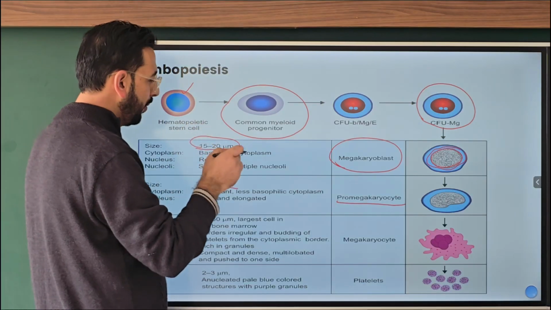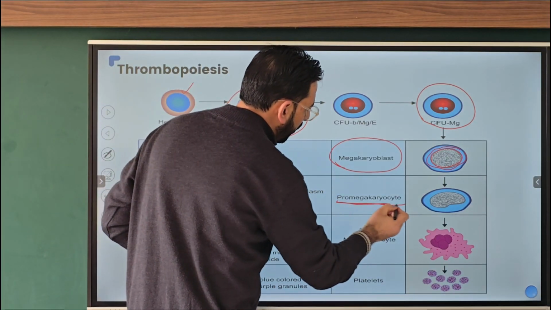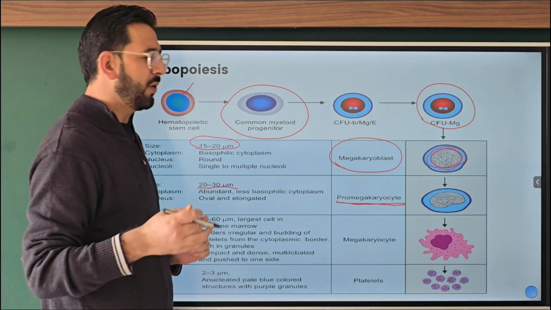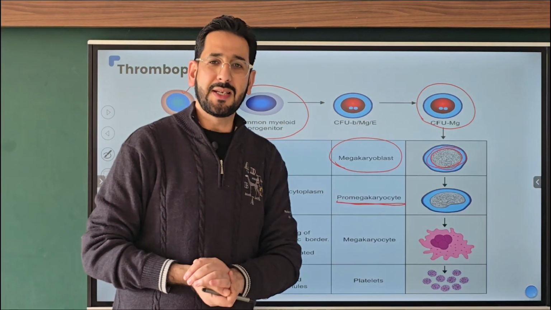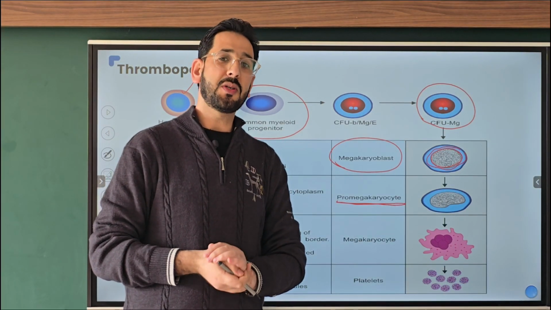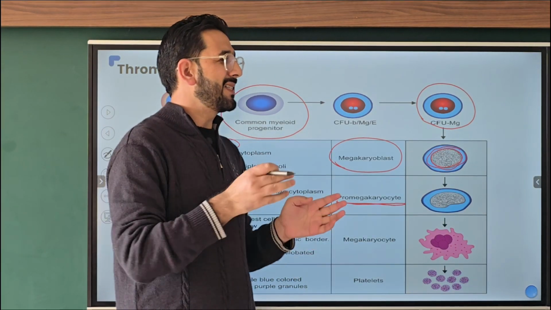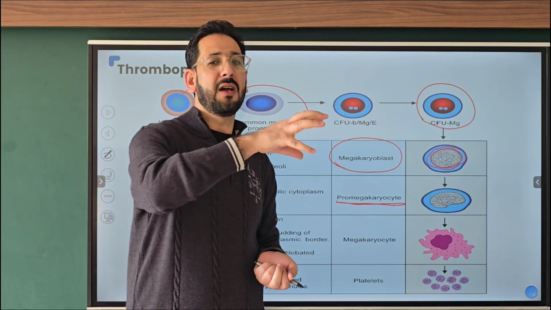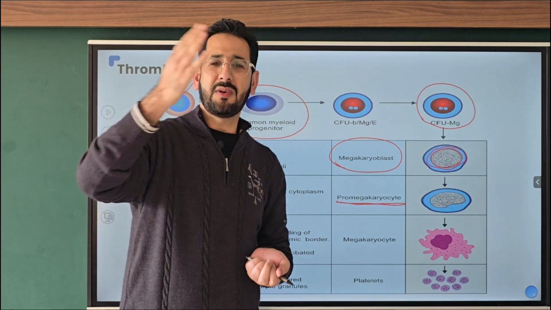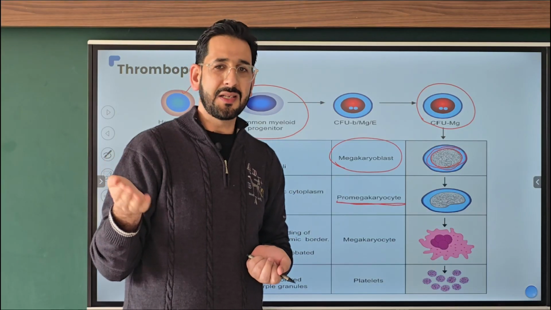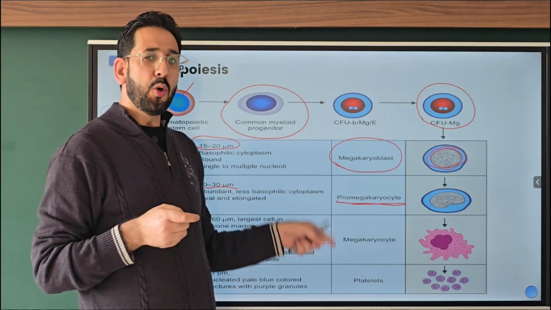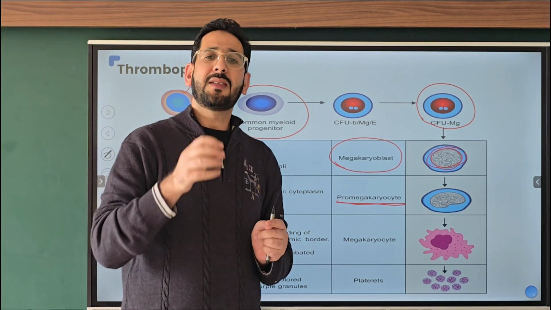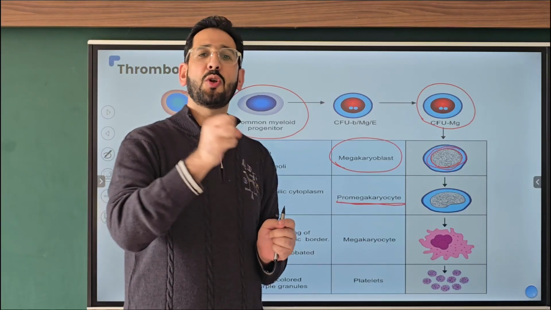Now, this promegakaryocyte will go through the process of endomitosis. Now, what is mitosis? Mitosis is cell division, which involves DNA replication, and at the end there is cytokinesis. Now, in endomitosis there will be replication of DNA.